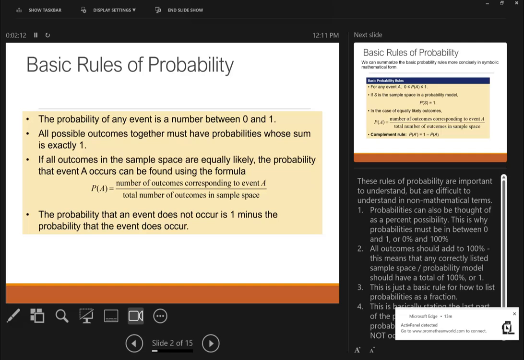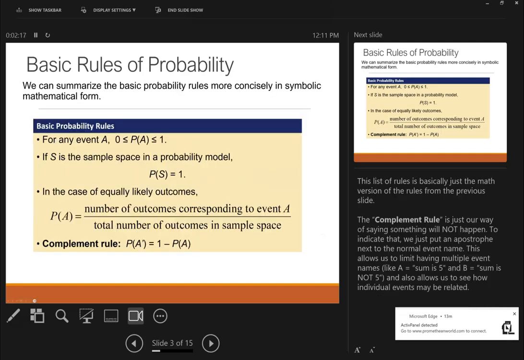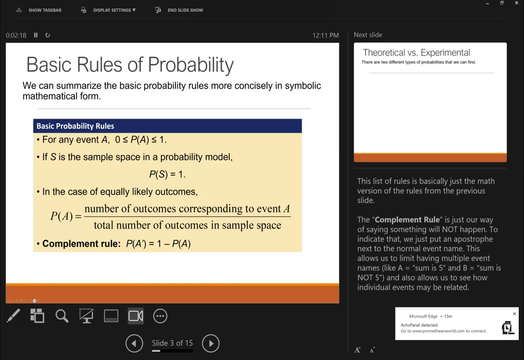So these are the rules in the English language. We could also give you these same rules symbolically. So again, probabilities between 0 and 1, that's the first bullet. All the probabilities add up to 1, that's the second bullet. Calculating a probability, that's the third bullet.